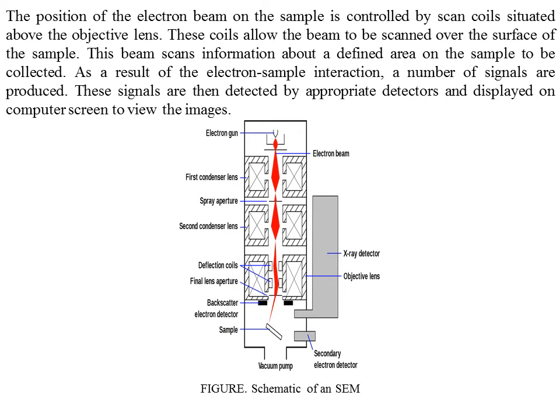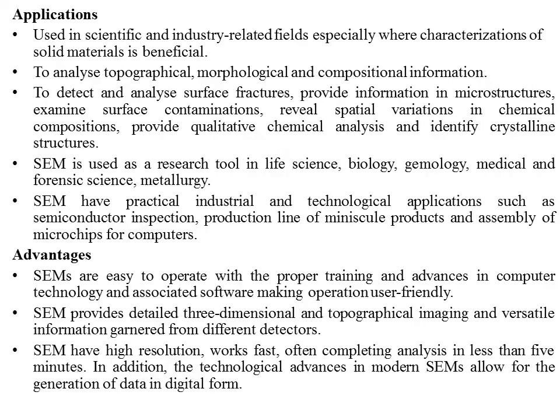Then the electron and sample interaction takes place. This interaction results in a number of signals. These signals will be detected by the appropriate detectors such as X-ray detectors, secondary electron detectors, and backscatter electron detectors, and the information will be collected and displayed on a computer screen. With the help of that computer, we can view the image and analyze the surface of the sample.